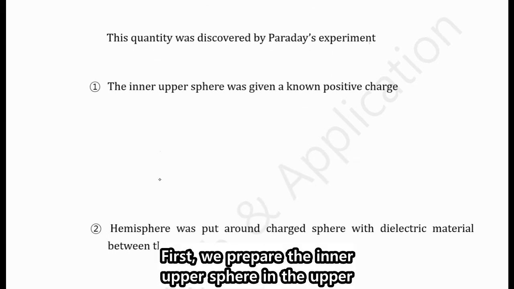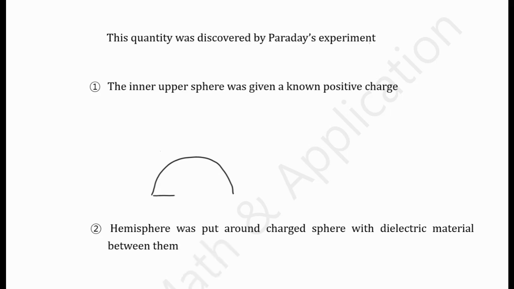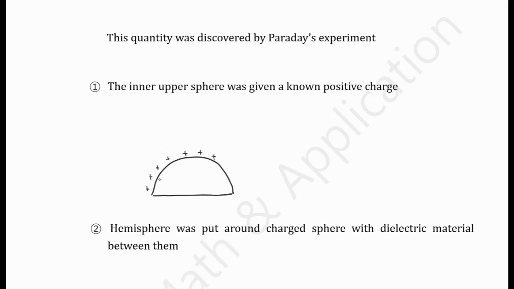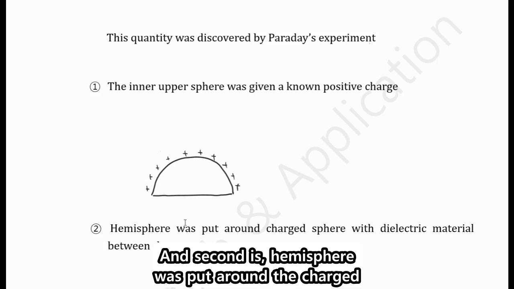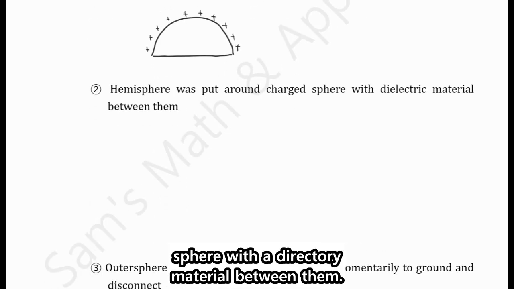First, we prepare the inner sphere, and it is given a positive charge. So we assume 10 positive charges exist on the surface of the inner sphere. Second, a hemisphere is put around the charged sphere with dielectric material between them.